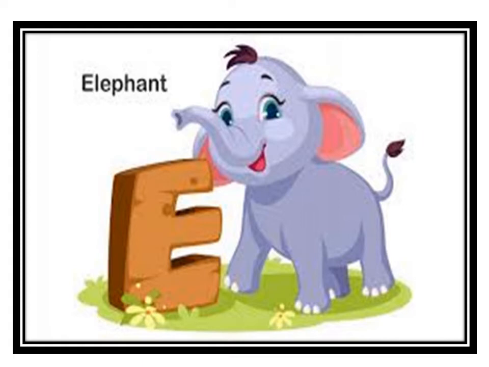What can you see in this picture? Very good. You can see letter E, and there is an animal standing next to letter E. Can you guess what that animal is called? Very good. This animal is called elephant. What do we call this animal? Elephant. Very good.